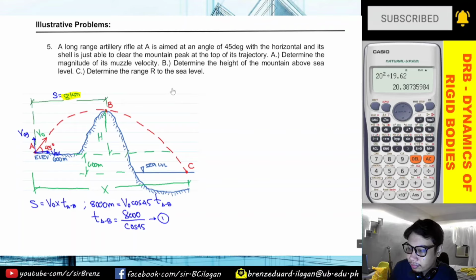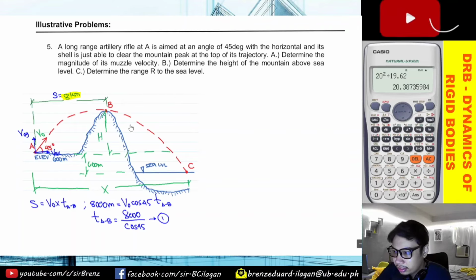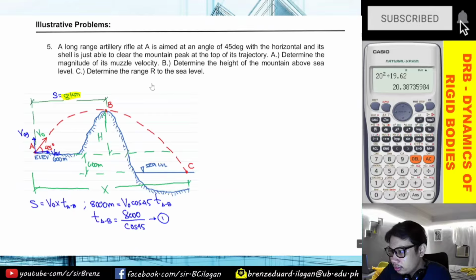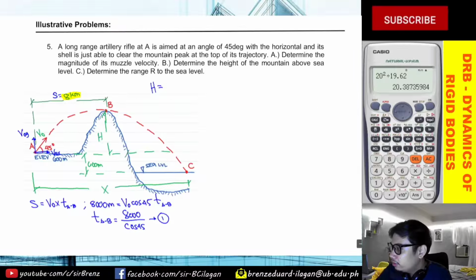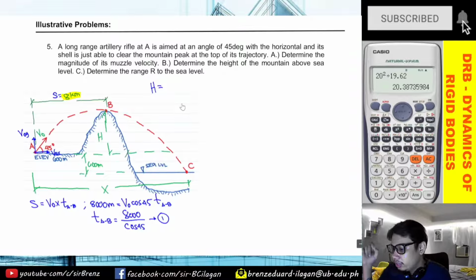So ang gagawin natin dito yung trial and error method kasi magkaiba yung elevation and maraming unknown. So yung h mo, ayan, knowing na yung velocity niya dito at point na to is 0. Okay, so yung 0 yung velocity niya when it reaches its peak height.